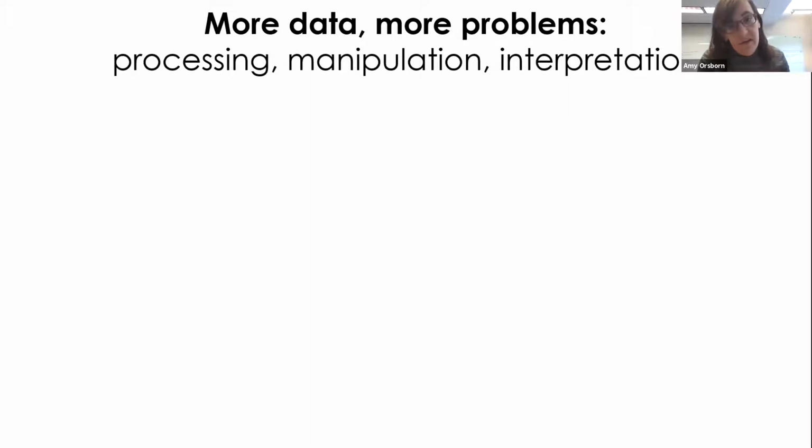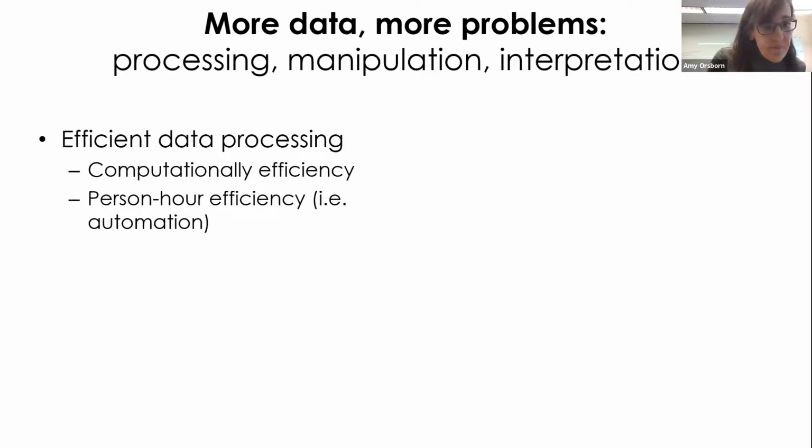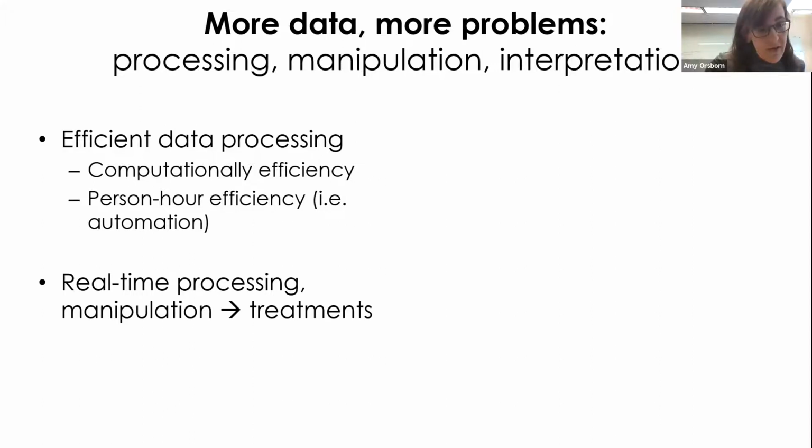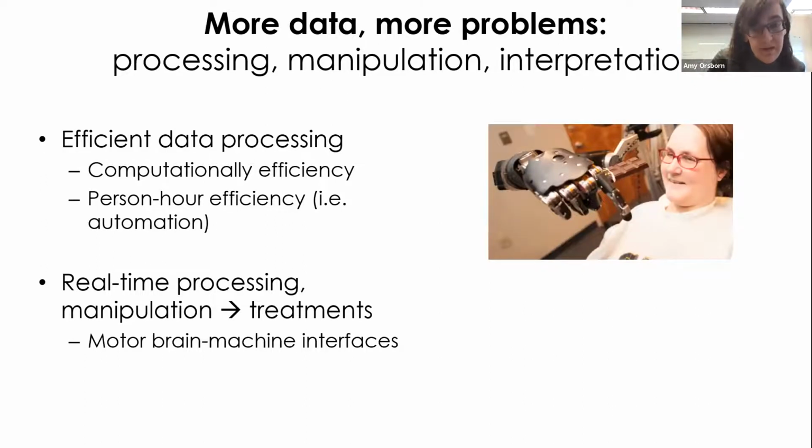And of course, as this audience definitely knows, more data doesn't necessarily solve all the problems. It also creates other problems. So there's a big need for increasing the computational efficiency of data processing in neuroscience, and in particular, a lot of need for real-time processing. I'll talk a little more about that in a second.